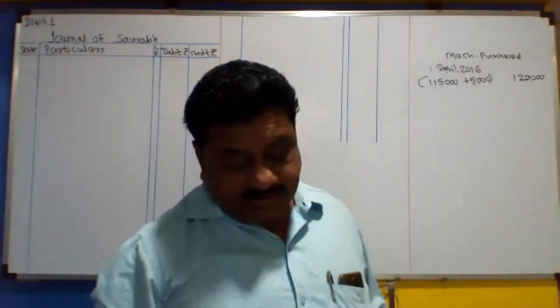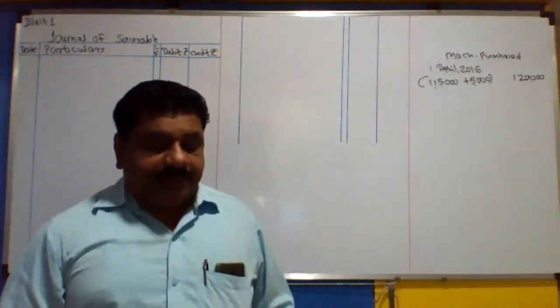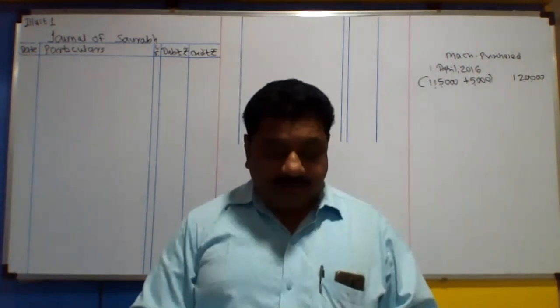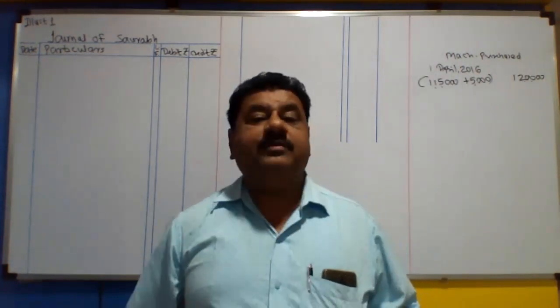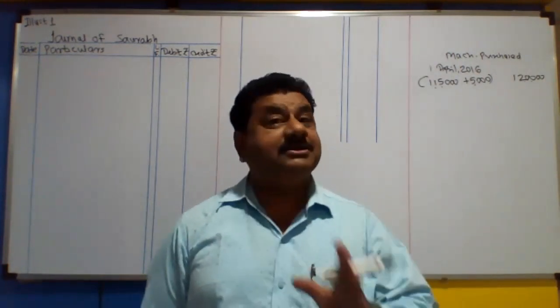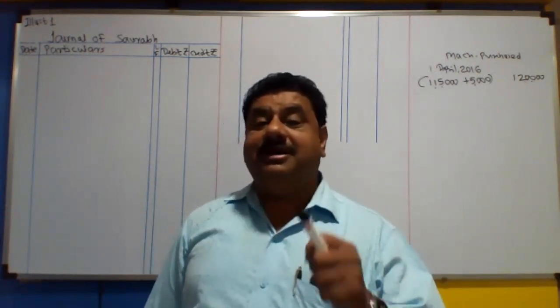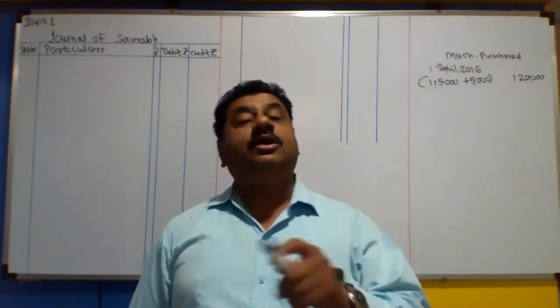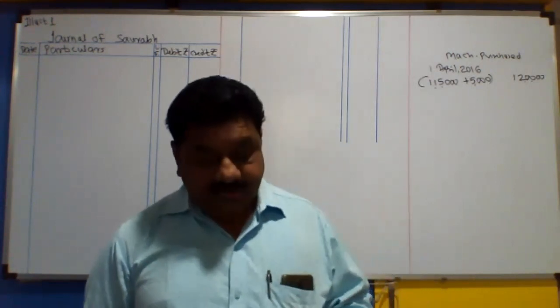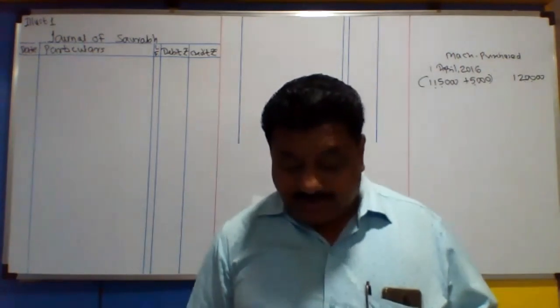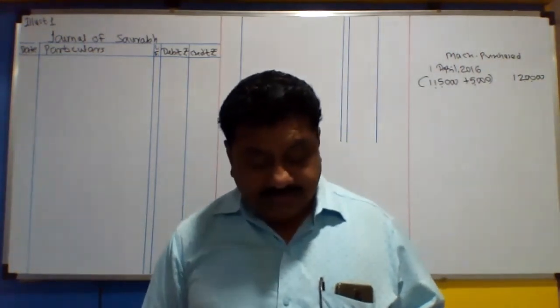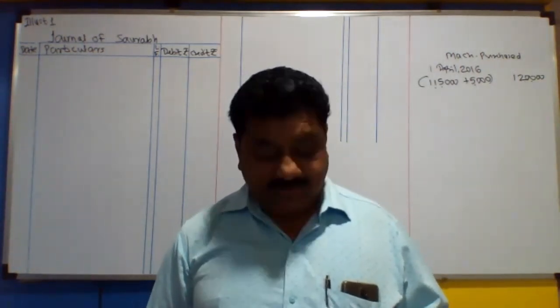What is given further? He writes off depreciation at 10% per annum under the written down value method. You must read the method very carefully, whether it is written down value or fixed installment. His books are closed on 31st March every year.